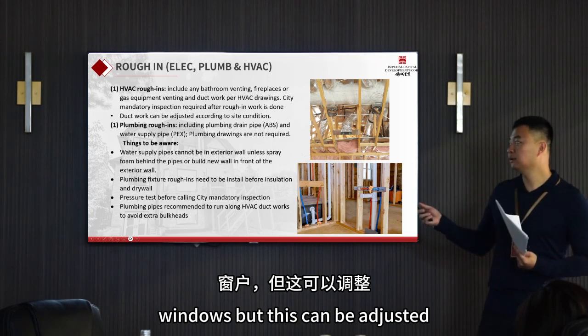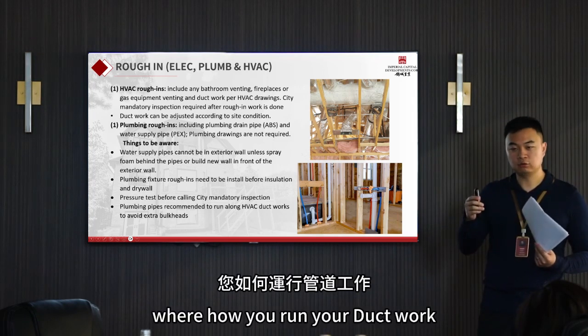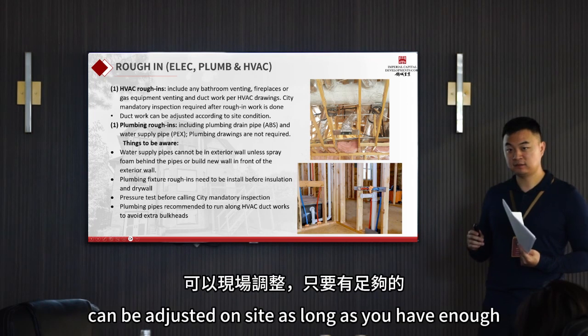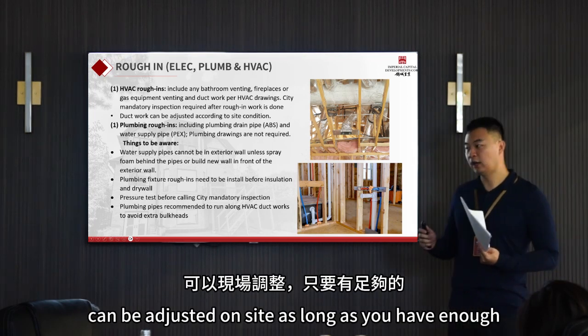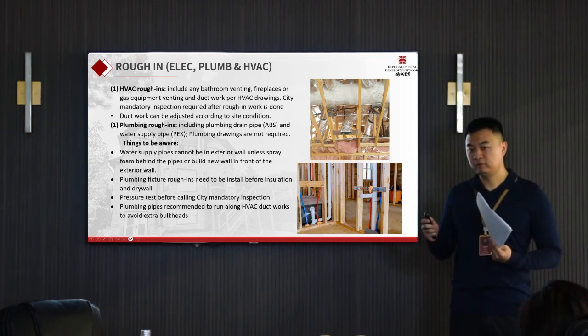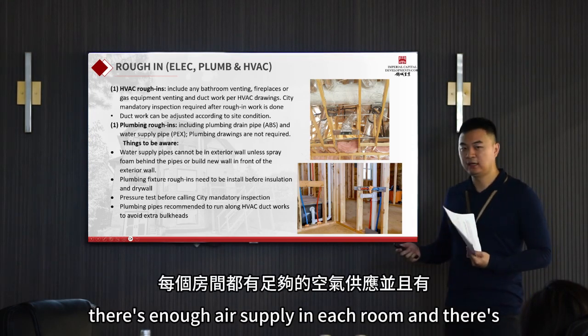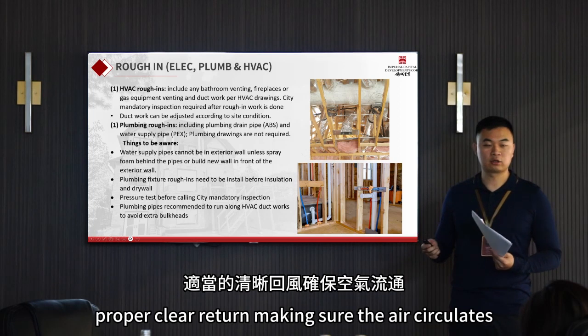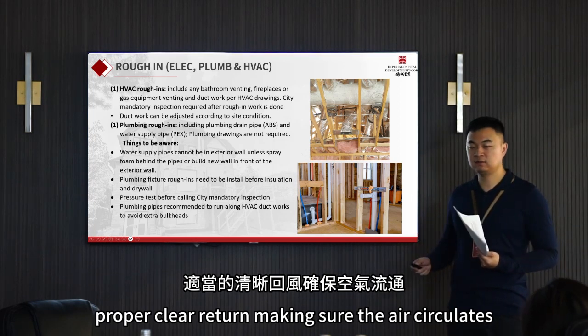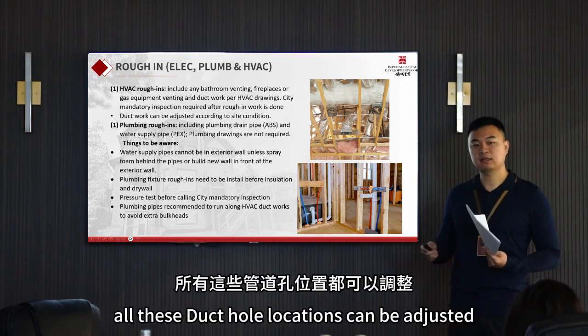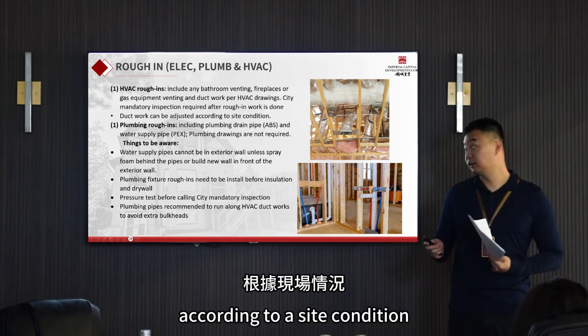But this can be adjusted. How you run your ductwork can be adjusted on site, as long as you have enough vent holes, there's enough air supply in each room, and there's proper cold air return, making sure the air circulates. All these ductwork locations can be adjusted according to site condition.